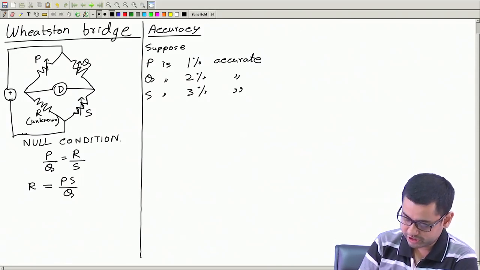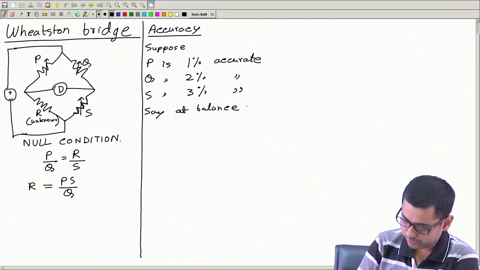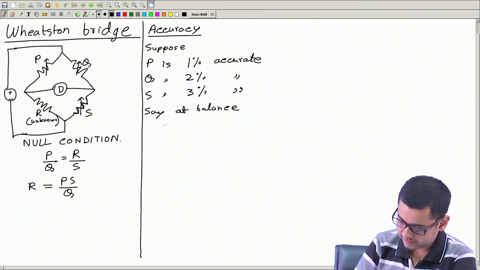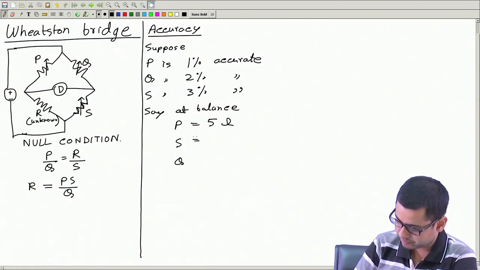Say at balance we observe that the values of P, S and Q are respectively 5 unit, 2 unit and 4 unit.